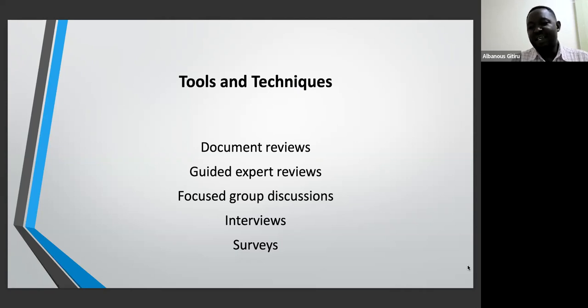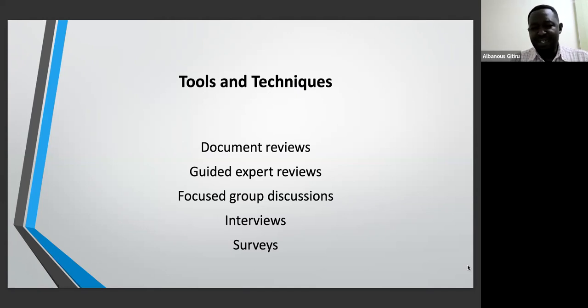One of the things that I really try to advocate and push for is that whatever you do, do not reinvent the wheel. You're not the only person in the globe, in the world. Try and see what others have done so that you can be able to build on what others have done. Then that makes desk research or document review very crucial as a technique in needs assessment.